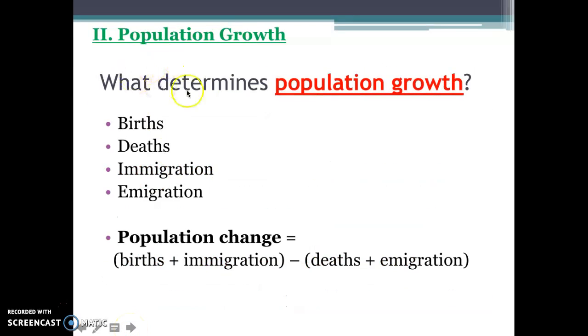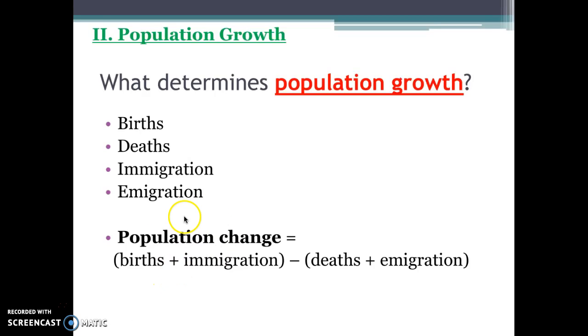So what determines the population growth? Four things: births, how many organisms are being born; deaths, how many organisms are dying; immigration, how many are moving into the location; and emigration, the opposite of immigration, how many organisms are moving out. I've got a nice little equation here for you. It's not super complicated if you look at what it's actually saying.